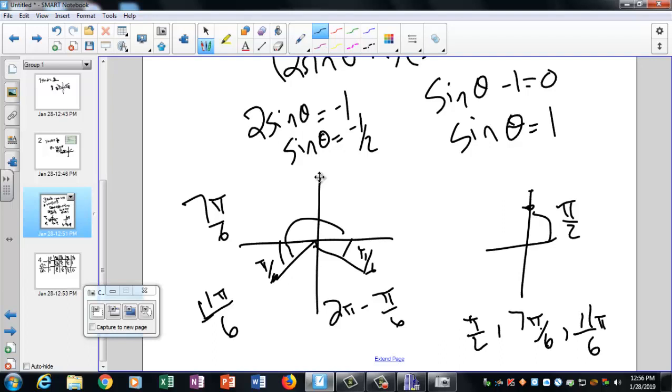If I have to do it in degrees, I would just adjust that, which we could do relatively easily, because pi over 6 is 30 degrees, so that's 210, 330, 90. If I have to do all theta, I would tack 2k pi onto all of those. Does that make sense?